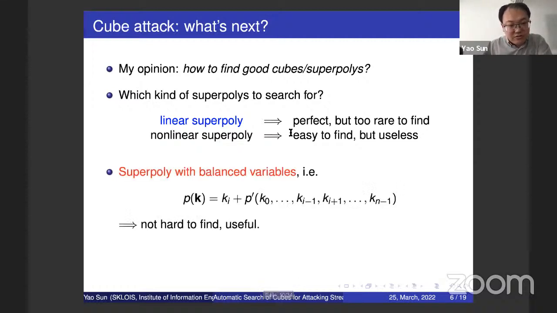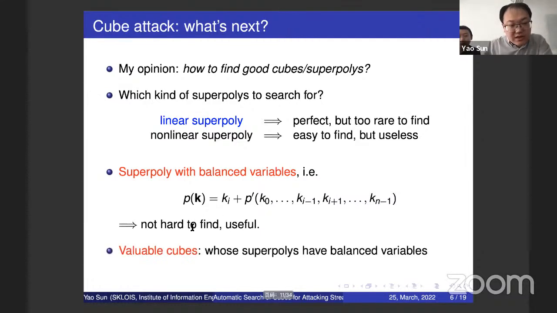So we turn to search for a special kind of nonlinear superpoly called superpolies with balanced variables. I believe there are lots of superpolies in this form, so they are not hard to find. We call the cubes whose superpolies have balanced variables valuable cubes.